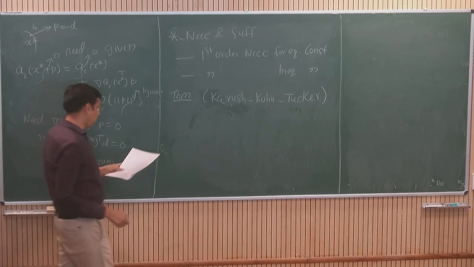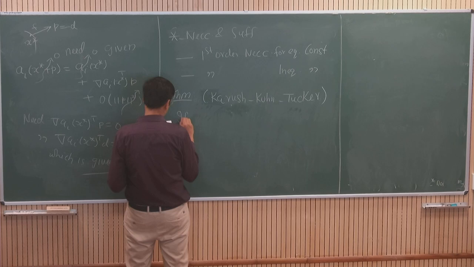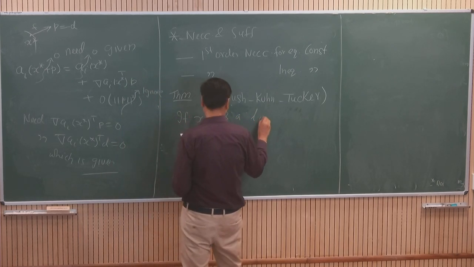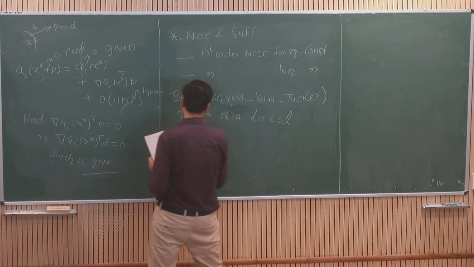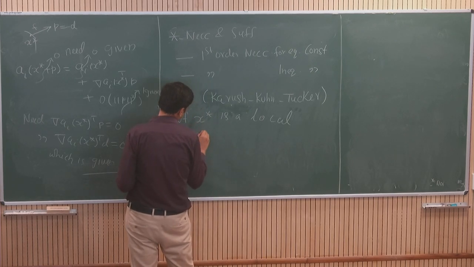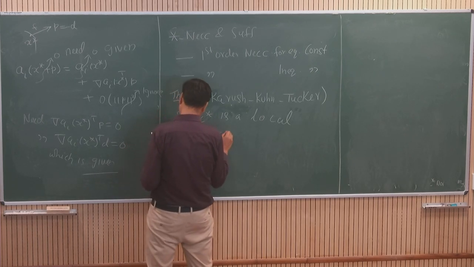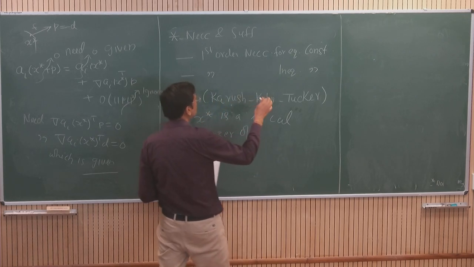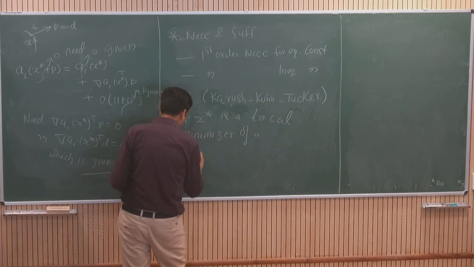So the problem says, if x star is a local minimizer. Okay, I should have written the standard form; let me write it now.